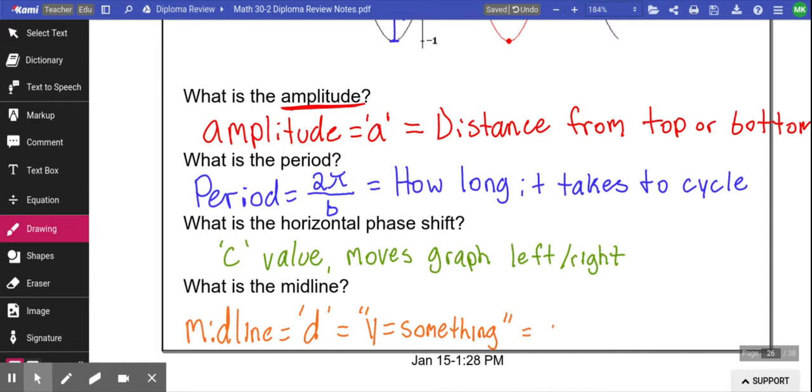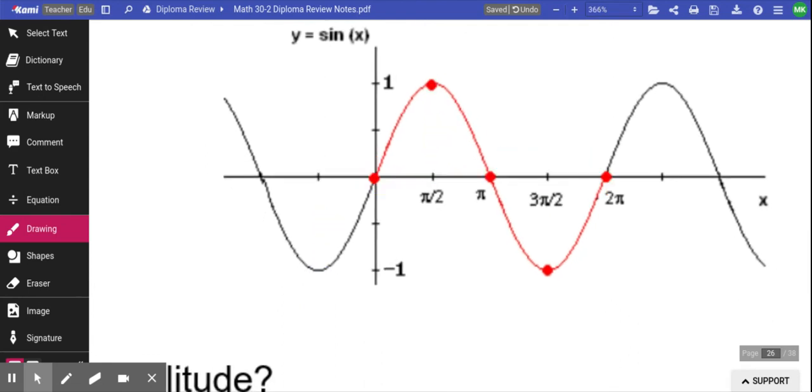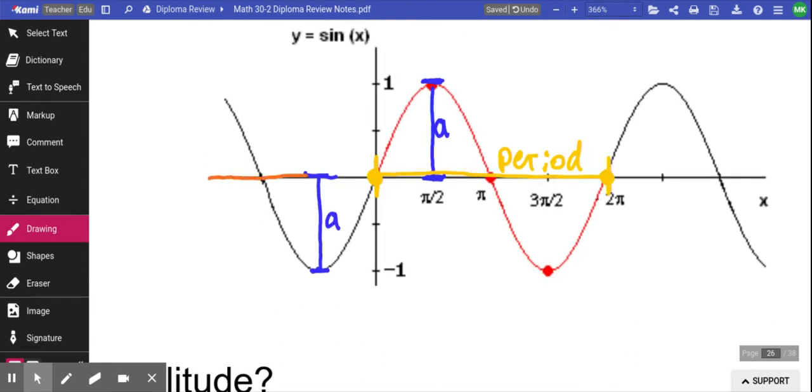It's also your average, and that is important. Remember, we did a lot of questions where it said, what's the average height of the passenger on that ride? And you would be like, oh, I don't know what the average height is. How am I supposed to figure that out? And it's just asking for your midline. It's a fancy way of asking for it. Looking at this graph, your midline would run right through here. That would be Y equals 0.